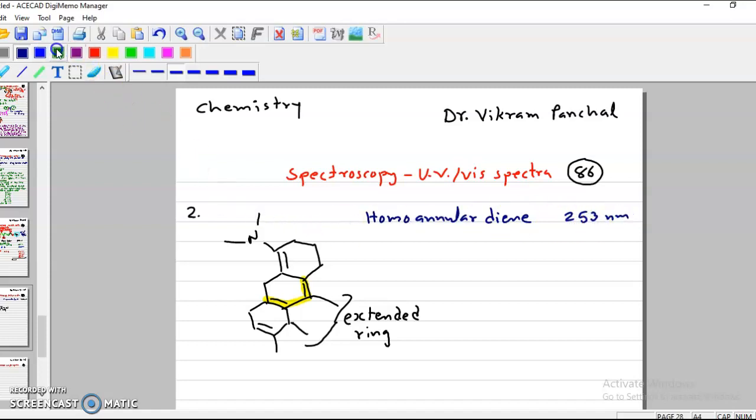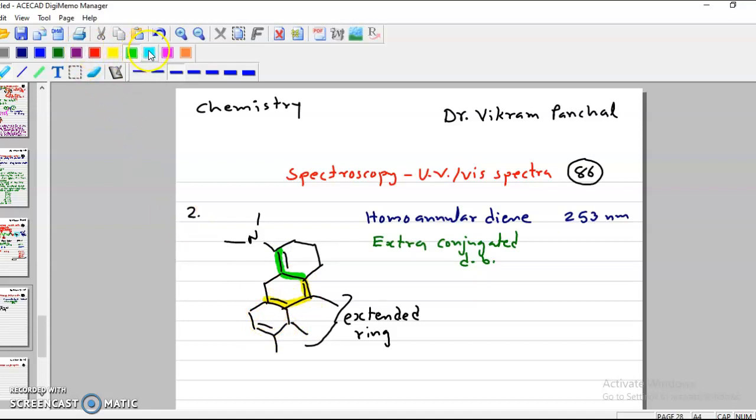Okay. Now we have to see whether extra extension is there or not. That means whether an extra conjugated double bond is present or not, and how many. So here we will go with this system. Extension: here single bond, then double bond. So this is an extension. Remember here single bond and double bond.